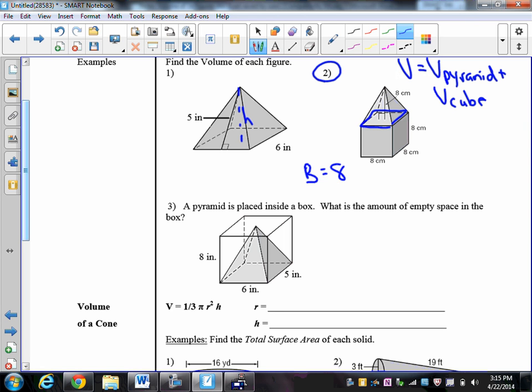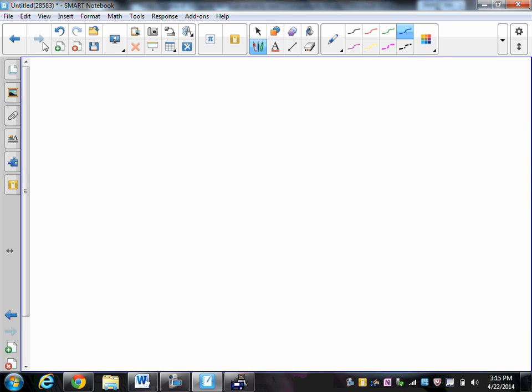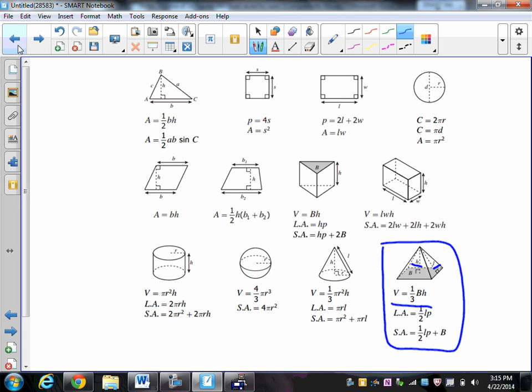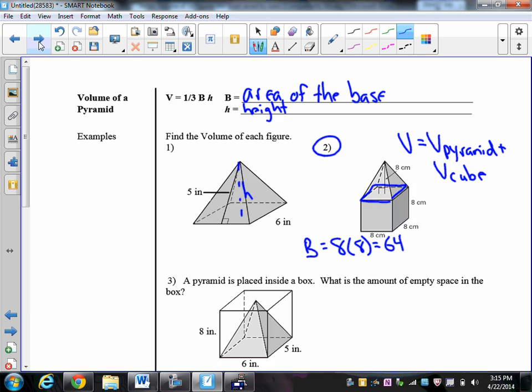It's just going to be 8 times 8, which is 64. So I should realize that the base is just a square or a rectangle. So either I multiply by length times width or I square one of the sides.